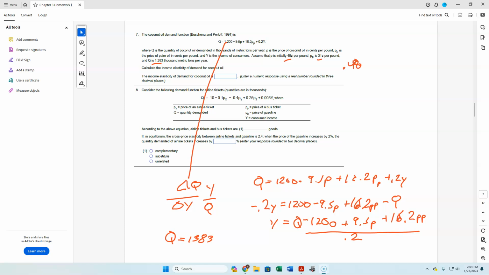When I did mine, mine was 47 cents a pound. I don't want to have to recalculate this, but if you follow the steps that I just put here, your delta Q over delta Y here was 0.2. Where am I getting that? Because that's my coefficient for my income term. So my delta Q over delta Y is 0.2.